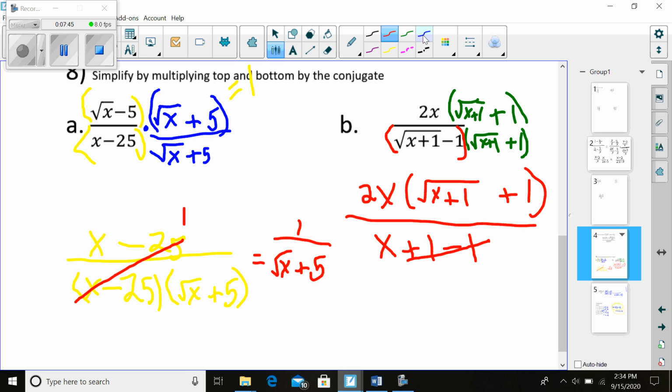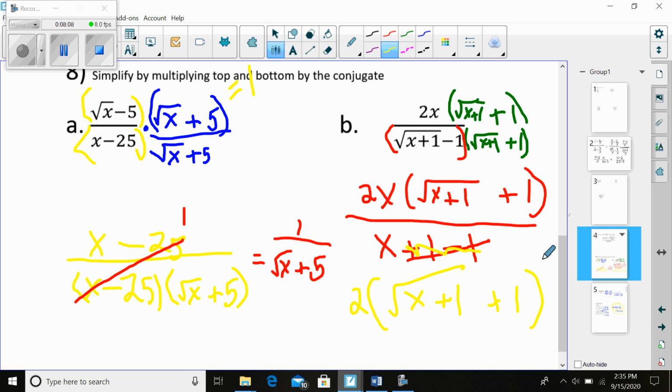And then I can cancel here. x divided by x, right? Because all of this is gone. This is zeroed out. Then I have x divided by x, leaving me with a final answer of 2 times radical x plus 1 plus 1.